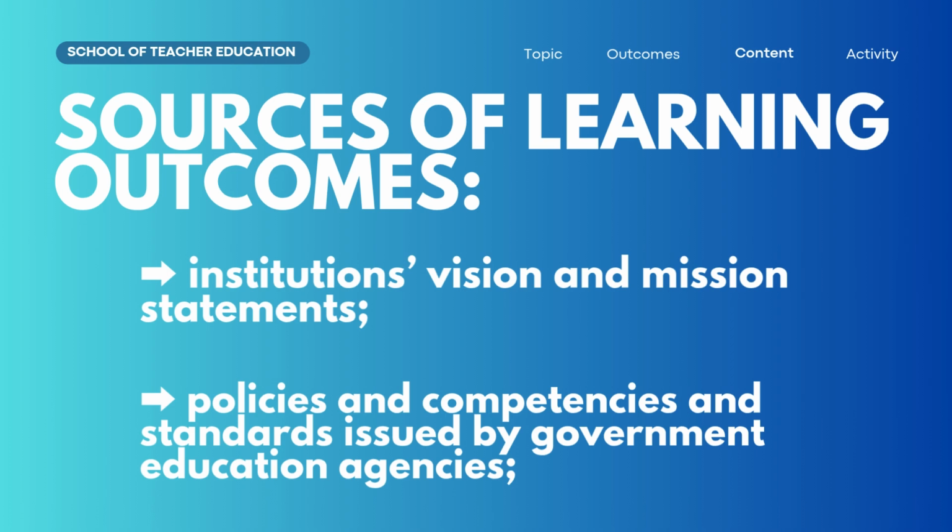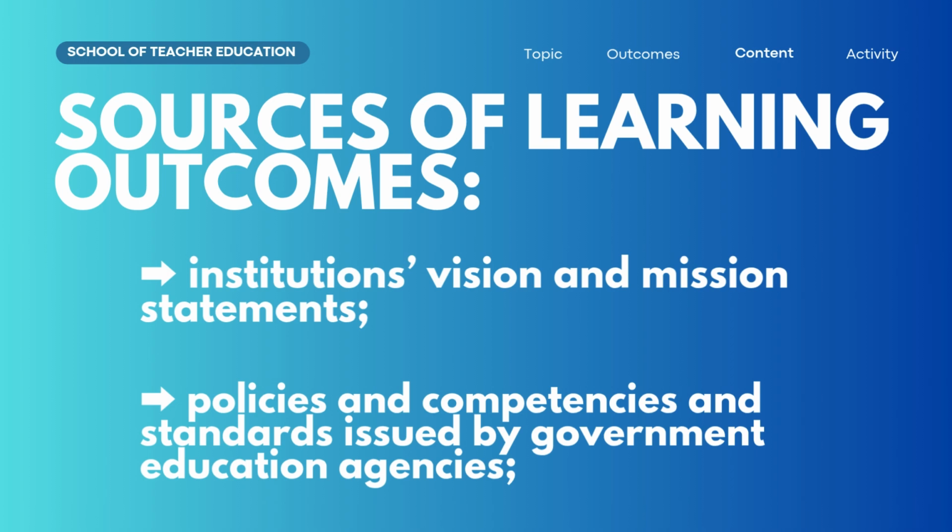Another example, in the context of basic education, the institution there is the Department of Education. In the Matatag curriculum, it is always best that the practice aligns with the framework that the curriculum is applying. The second source of learning outcome is the national and regulatory standards.